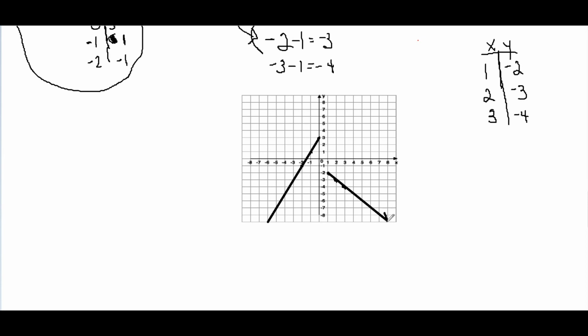Remember, there are arrowheads here, meaning it could go to infinity. Same here and same here. So this would satisfy the piecewise function. Notice that this graph is the graph of a function because it passes the vertical line test. The domain of this function is -infinity to +infinity, and the range is -infinity to +3. Alright, so that's what that's about.